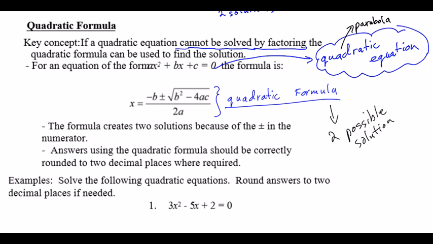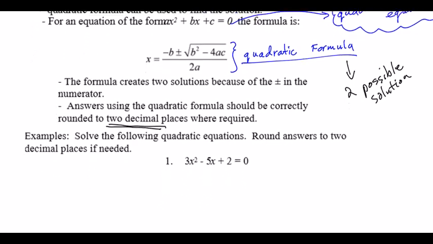Now, when we go and do our calculations, we're going to correctly round our answers to 2 decimal places for our lesson. Now, sometimes you can leave your answer as an exact solution, at which point you leave your answers as fractions. Now, let's go to this problem here.